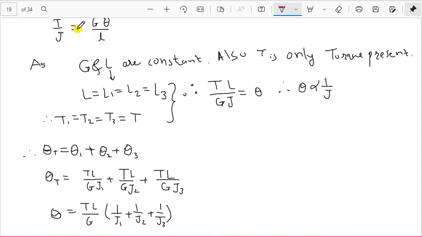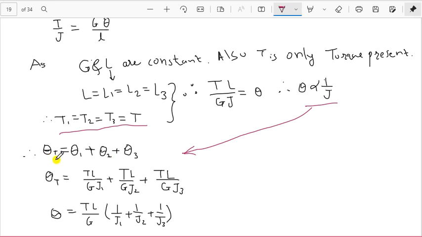So from this equation, by considering these as proportionality constants, we can write theta is inversely proportional to J. We know that T is the only torque present, so T1, T2, T3 will be equal.